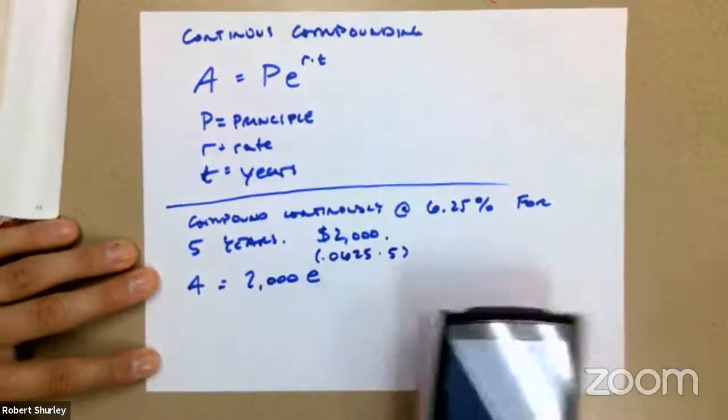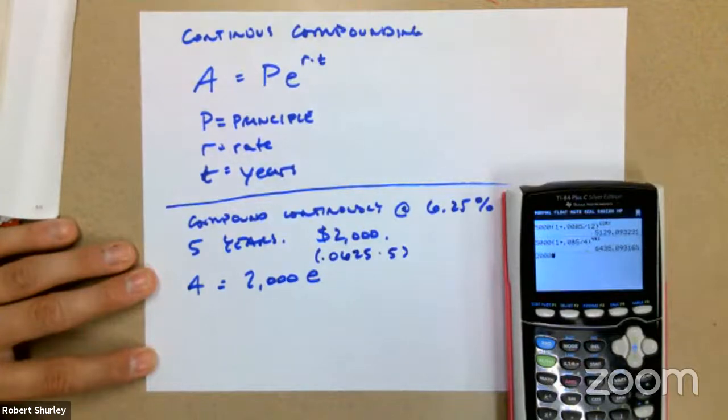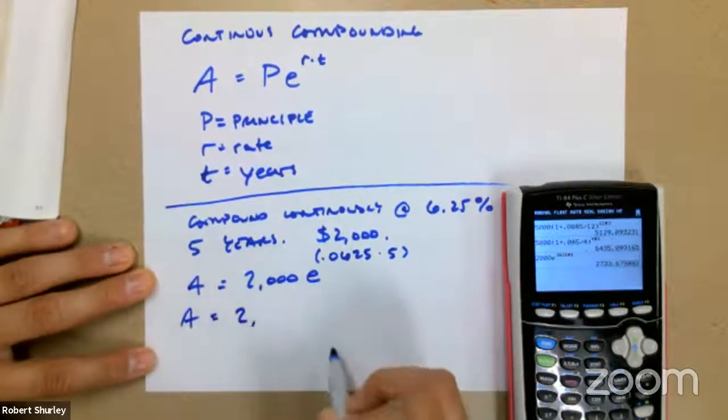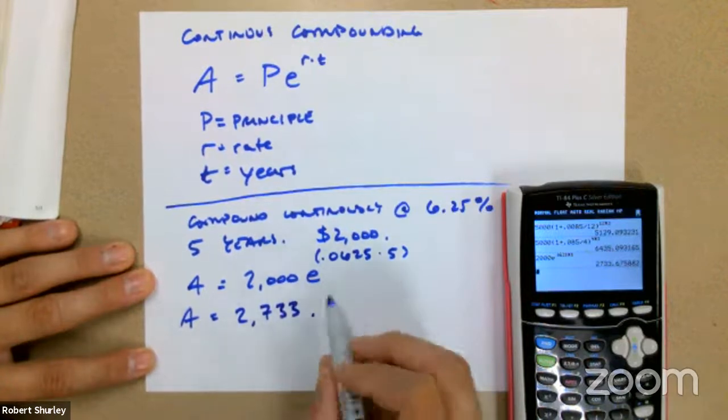Okay. Take the calculator out again. I'm going to do 2,000 times E raised to the 0.0625 times 5. 2,733 and 68 cents.